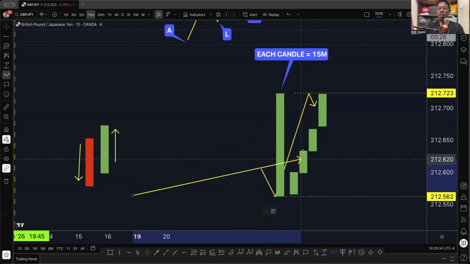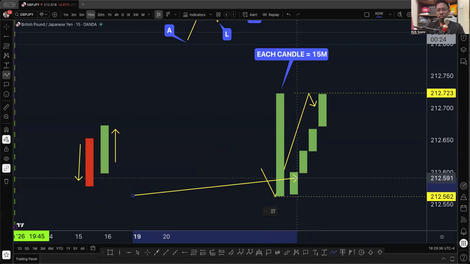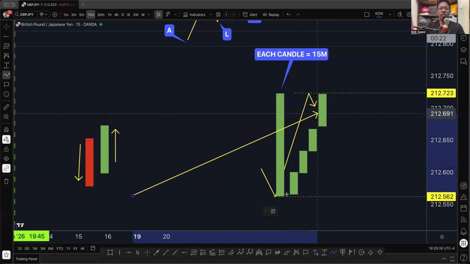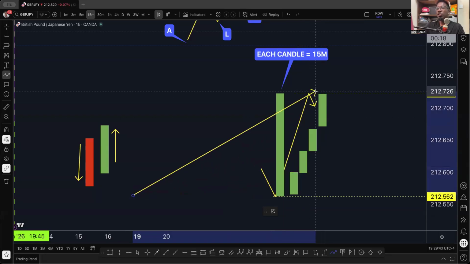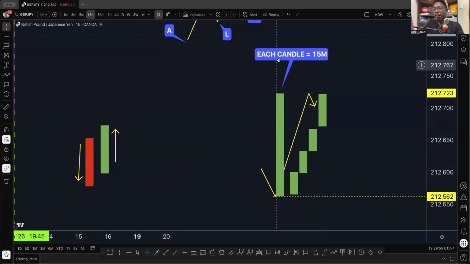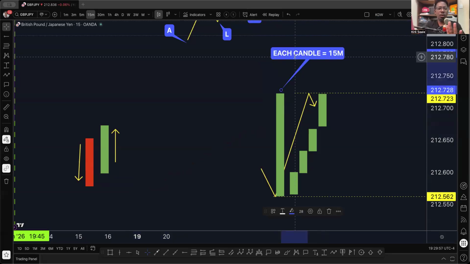On the 15-minute time frame, it took 1, 2, 3, 4 candles to get from this price at the bottom, 12.5, up here to 12.7. All right, sweet. That's just what I want you to follow right now.